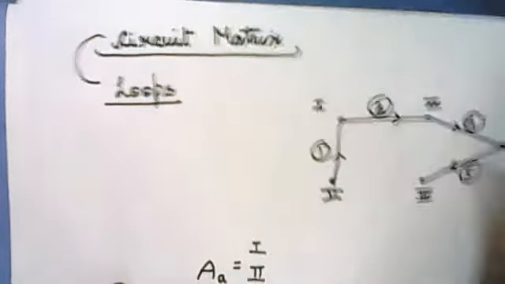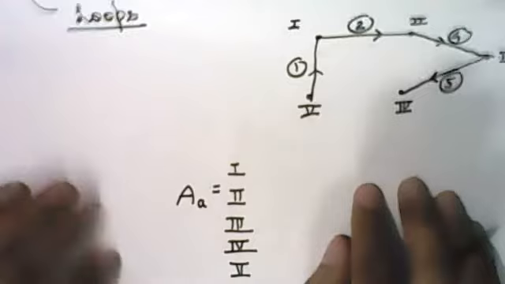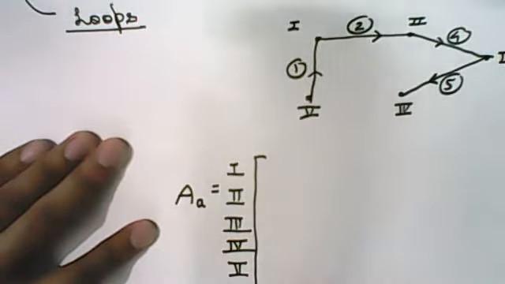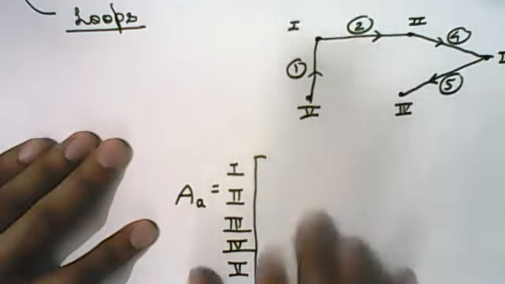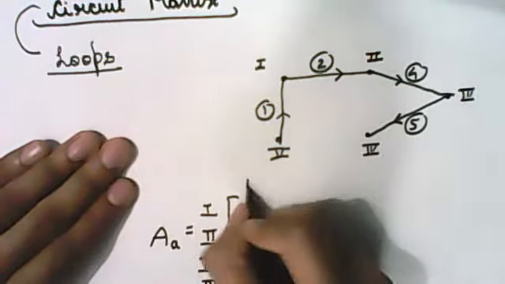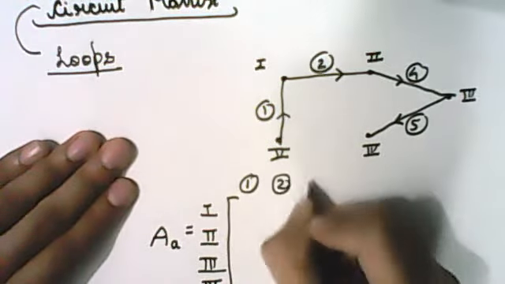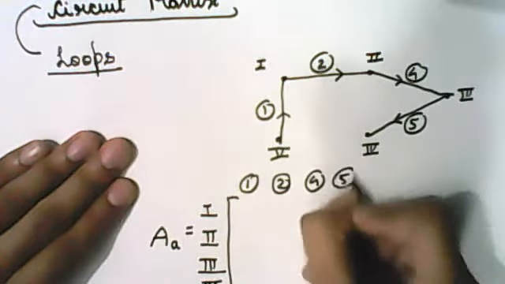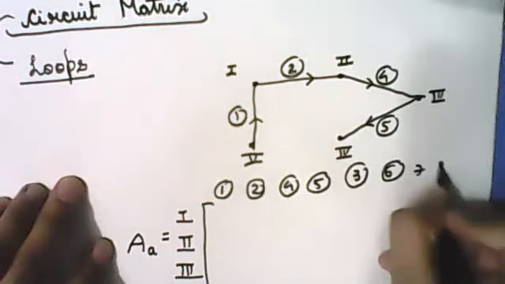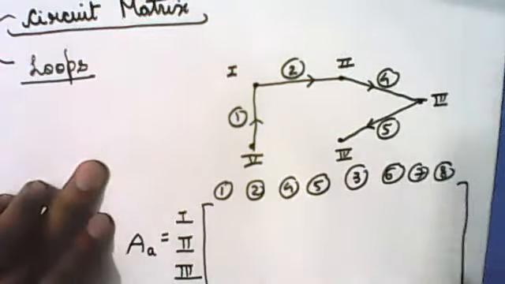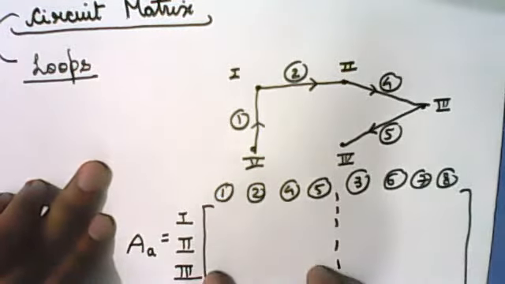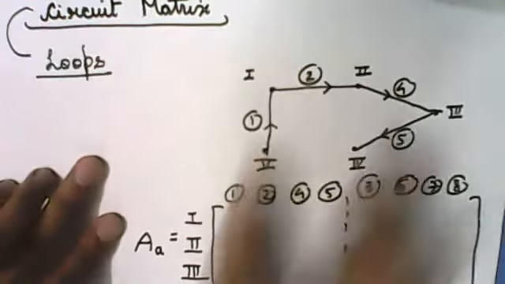It is having all the vertices, but I will readjust it in the form that first I would like to cover the branches of a tree. So first I would like to write for 1 2 4 and 5. After that, the ones that are left, which are 3 6 7 8, I would write after that. Okay, so this portion is with respect to a tree.